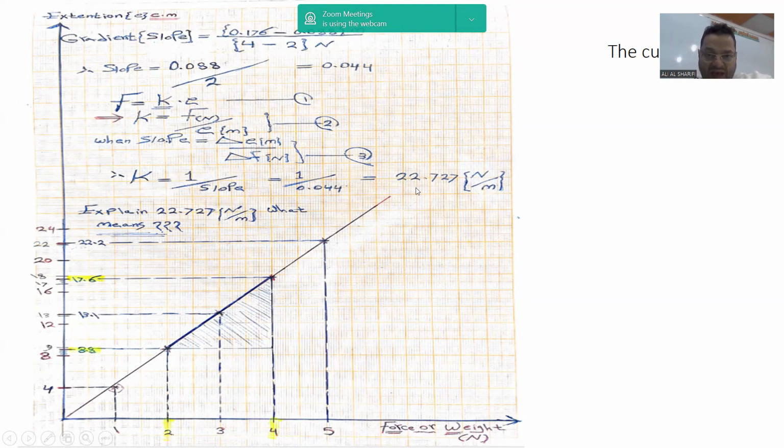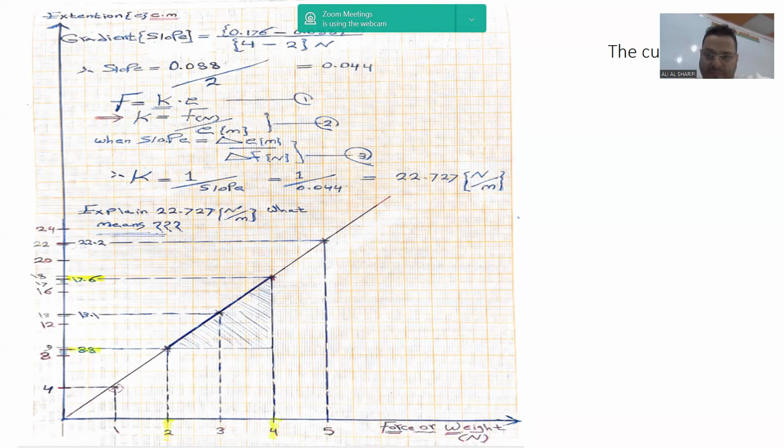By that, I have 22.727 Newton divided by meter. Because the K is the opposite of the slope. Okay? By that, we learned how to calculate the K constant and where its unit comes from.